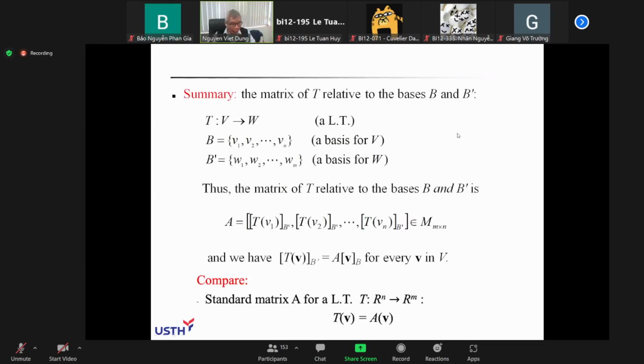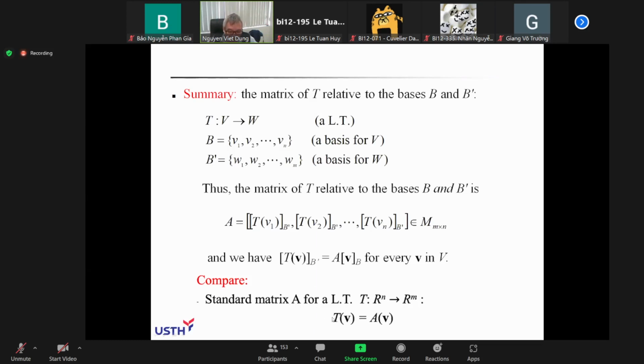So we summarize it here. T from V to W is a linear transformation, and B is a basis for the domain. B prime is a basis for the codomain. The matrix of T is defined like that, and we call it the matrix of T relative to the basis B and B prime. And A satisfies the equality here. And we can compare it with the standard matrix.